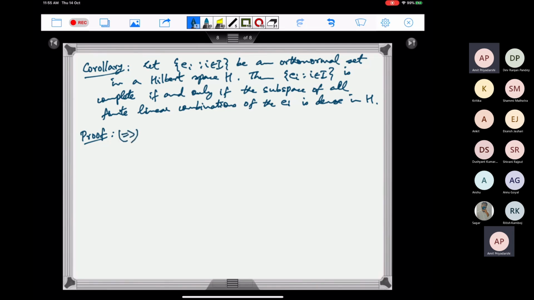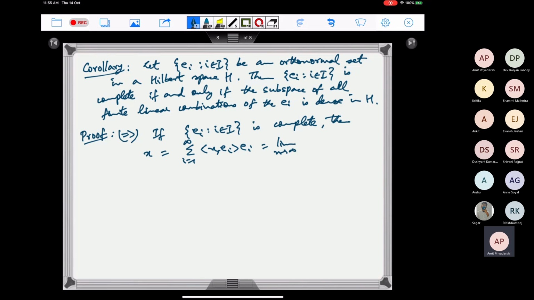So one way is that if this set ei is complete, then we know that x is equal to summation x dot ei ei, i equal to 1 to infinity, which is the limit of this finite sum x dot ei ei, i equal to 1 to n.